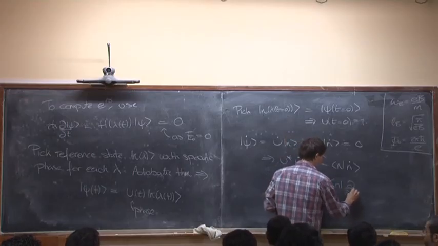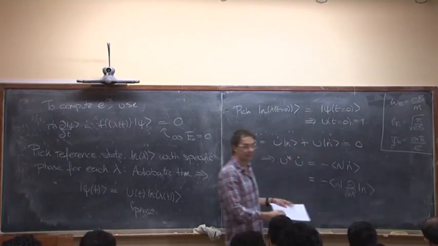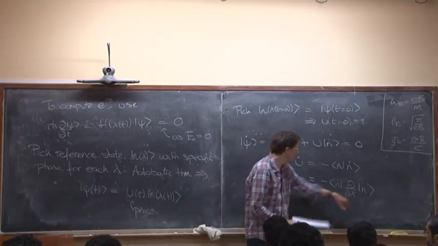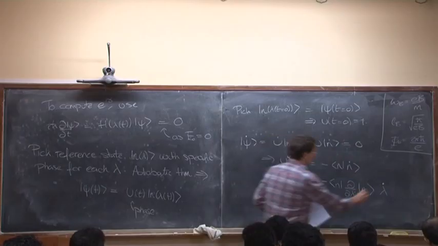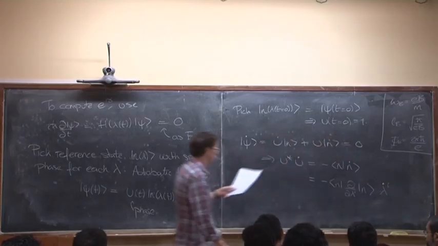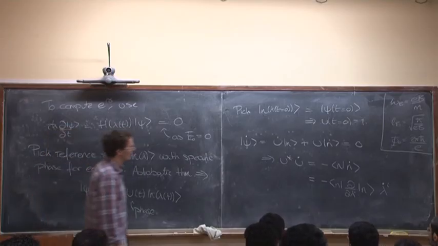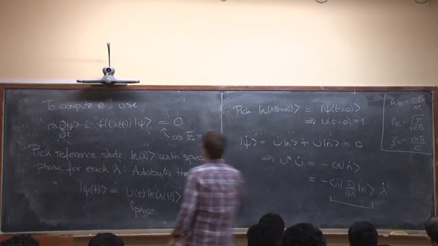But we know how n changes with time, because it's only changing with time because we're playing around with these dials. So n is only changing with time because lambda changes with time. So what sits here is important enough to give a name.